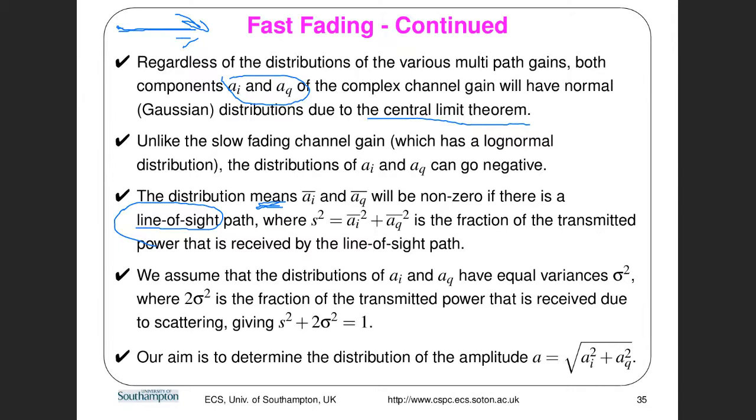Then we have a variance from the non-line of sight random elements, and the variance and the mean add up to normalized power 1. So fluctuation is in small scale, but on average it's 1.